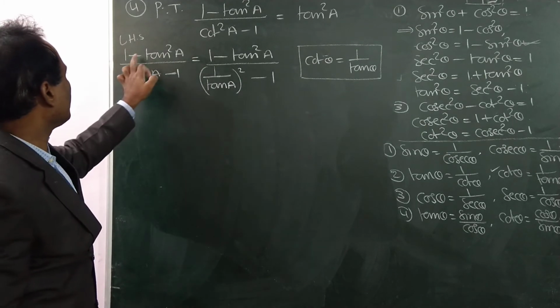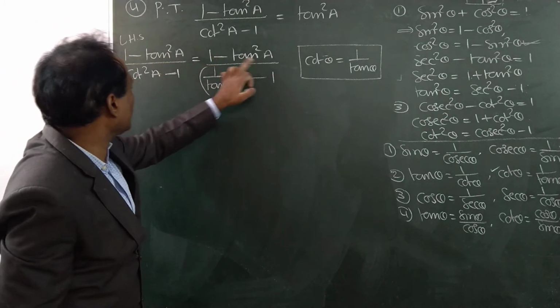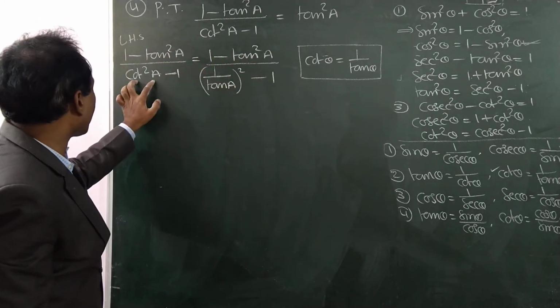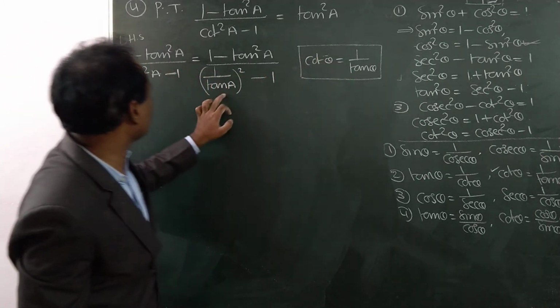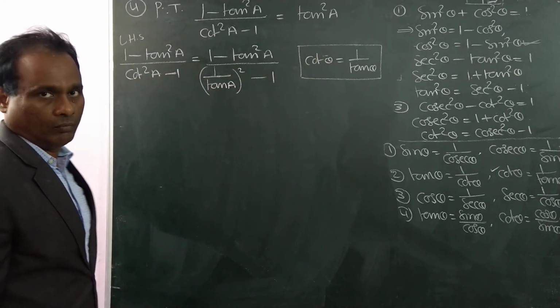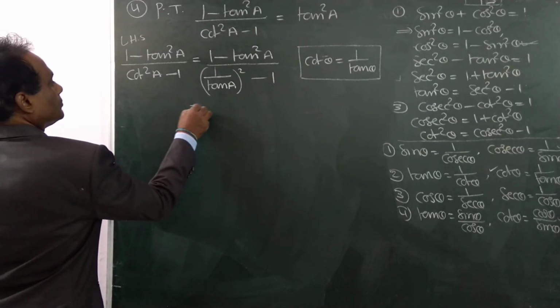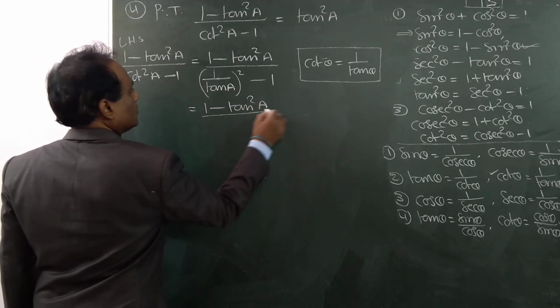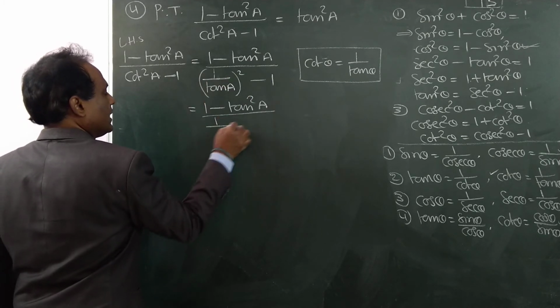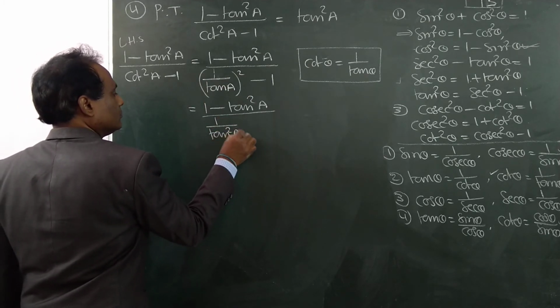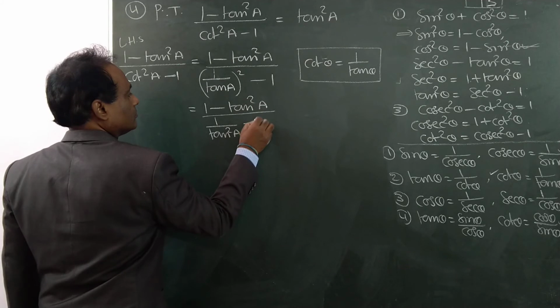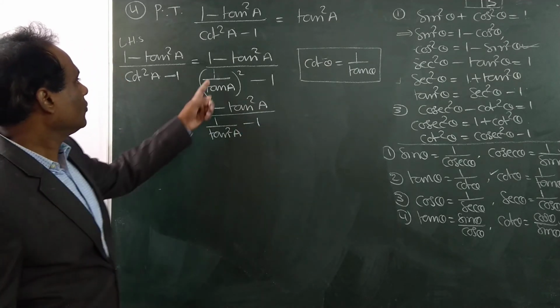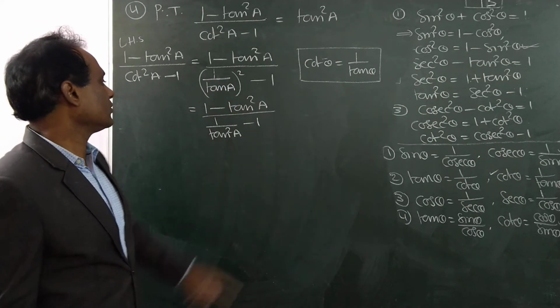So we get 1 minus tan square A by 1 square is 1 by tan square A, minus 1.